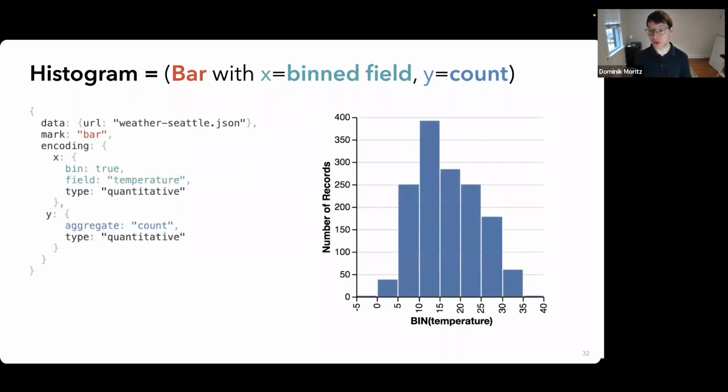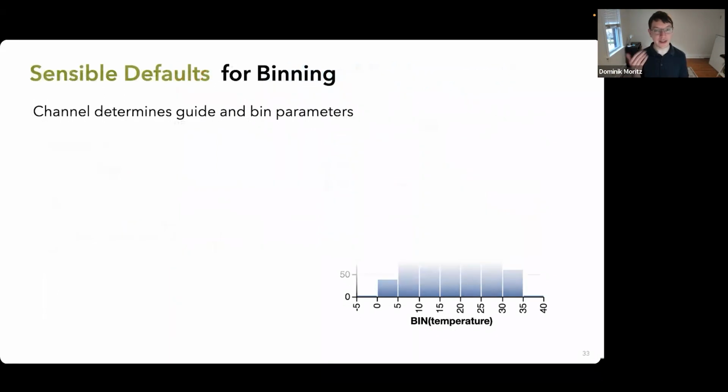All right, there's a couple more sensible defaults that we have here, in particular for this binning. And I think that's pretty interesting because there are many components interacting with each other. So we have these sensible defaults for binning. Right, we have, in this case, from -5 to 40, but that's a choice that depends on different factors.